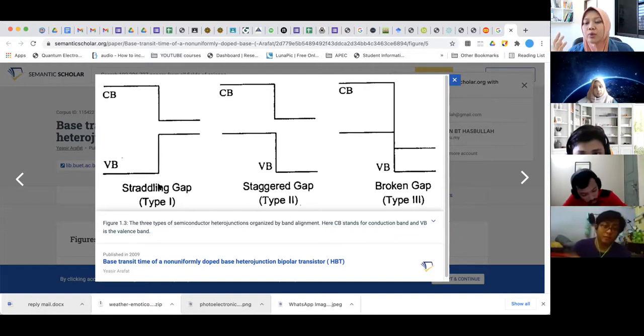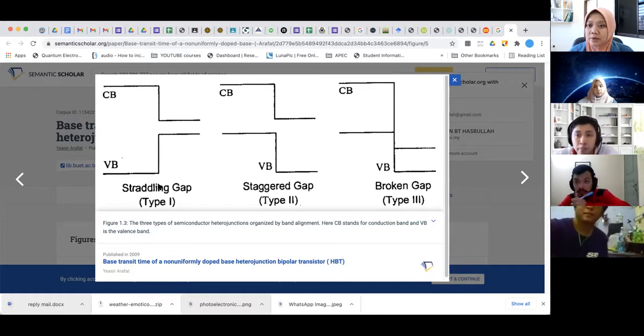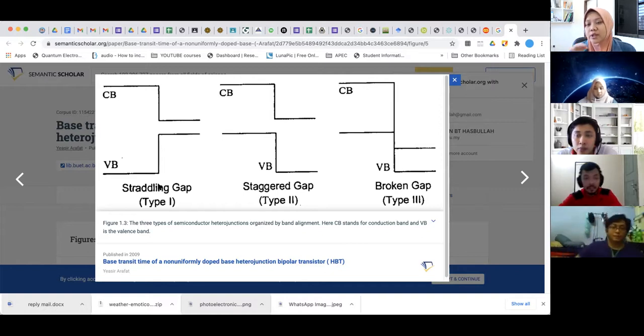But we can also have a PN heterojunction, which means a PN junction with heterostructure, two different materials. I'm expecting you to be able to draw the heterojunction energy band diagram: zero bias, forward bias, reverse bias.